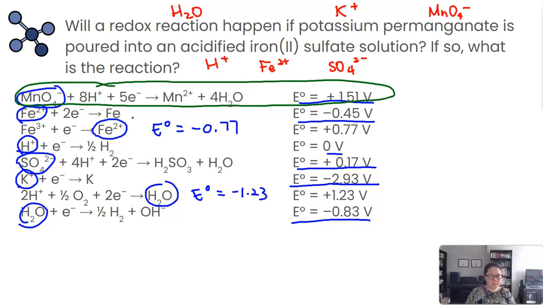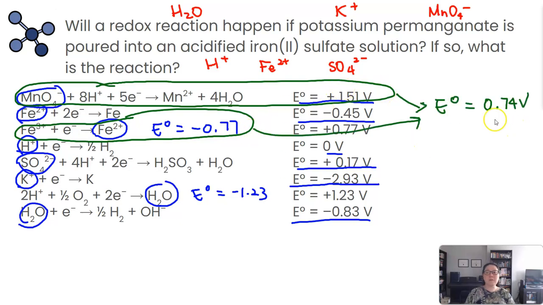And so this is going to be that choice. When you add those together, you do get a positive number of 0.74 volts. So a reaction will happen when you mix those two things together. And the half reactions for this redox reaction are these two.